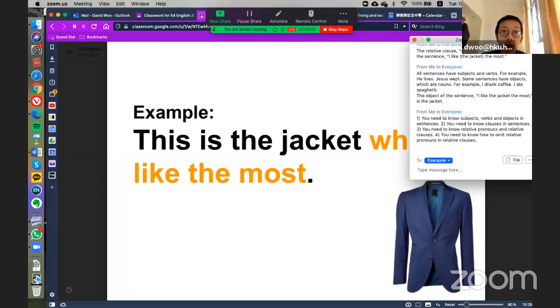If you don't know what a sentence is, what a subject, verb, and object is, you're probably at level 1. And there's no point in learning about clauses. If you know what clauses are, then you can perhaps learn about what relative clauses and relative pronouns are. That is, this grammar item is appropriate for you. This is like level 3.